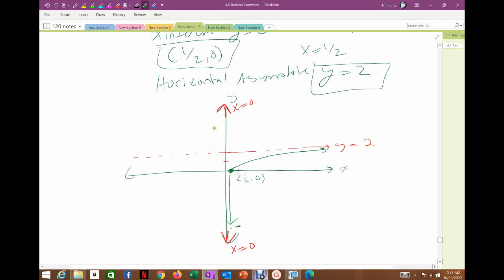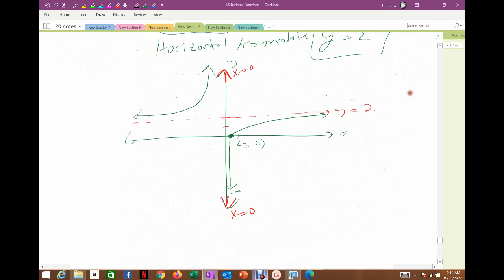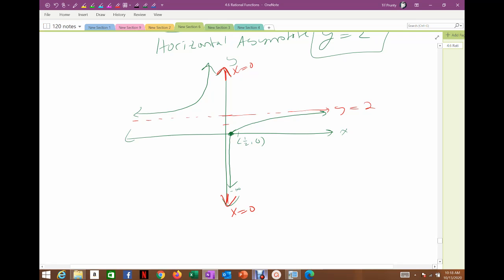I know it doesn't cross the x-axis, I know it doesn't cross the y-axis, and it should approach both the y-axis and the line y equals 2, and so the only possibility is for the shape to be up there. And there's the graph, and I'll leave it for you to check. If you graphed this function on your calculator, that is what your graph should look like. It should cross at that one moment.